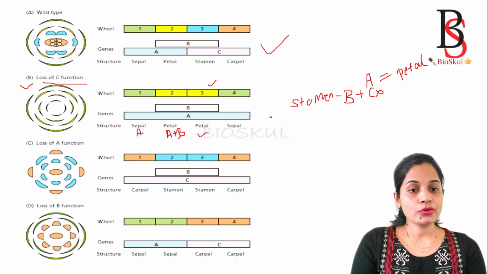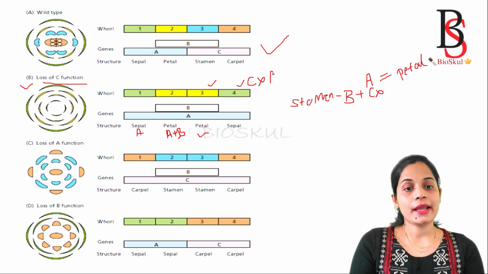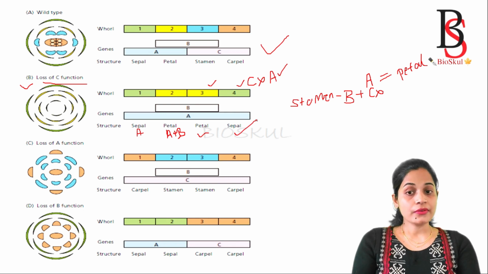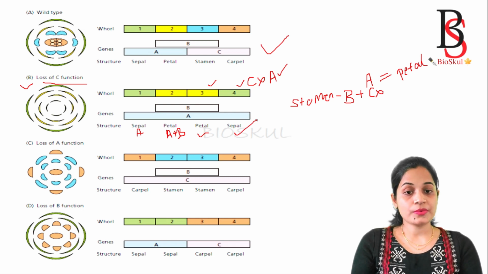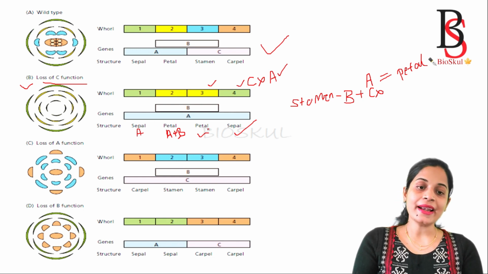Similarly, the fourth whorl is only C, but here also the C is absent. If the C is absent, then what will be expressed? A will be expressed, and what does A form? A forms the sepal. So if there is a loss of function of C, then what will we get? We will get sepal, petal, petal and sepal.